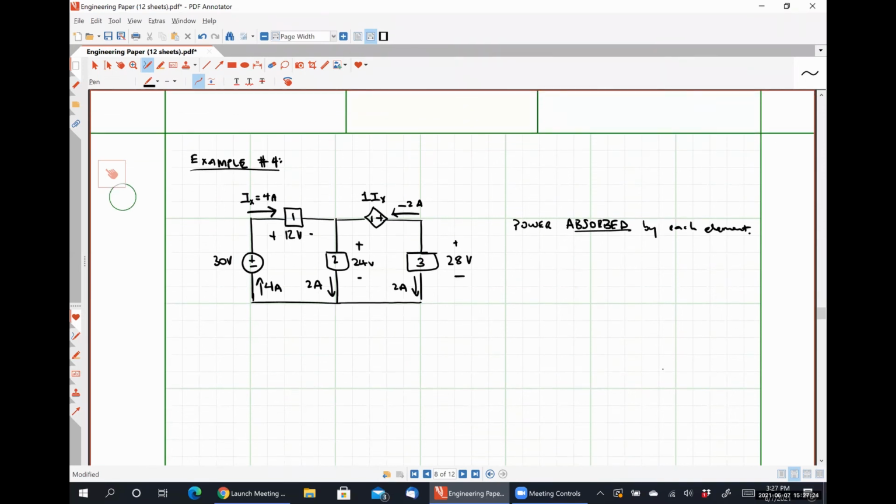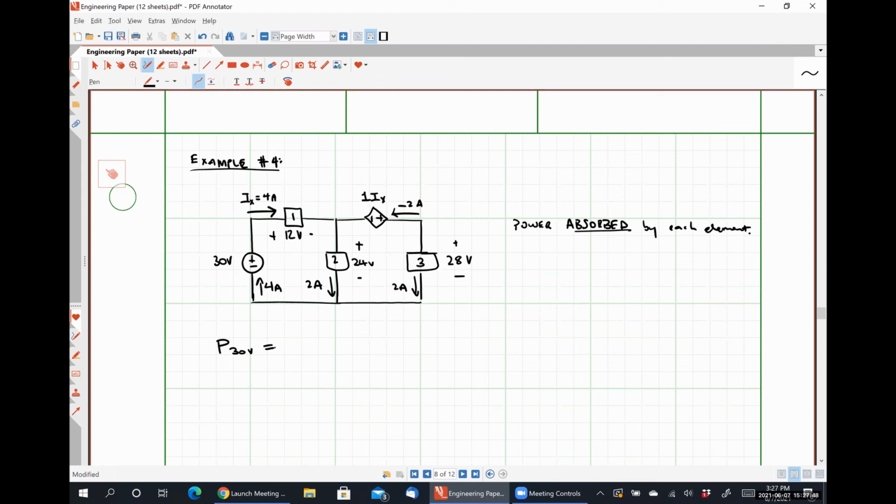All right. So let's start with my 30-volt source. What's the voltage drop across my 30-volt source? Not a trick question. 30 volts.